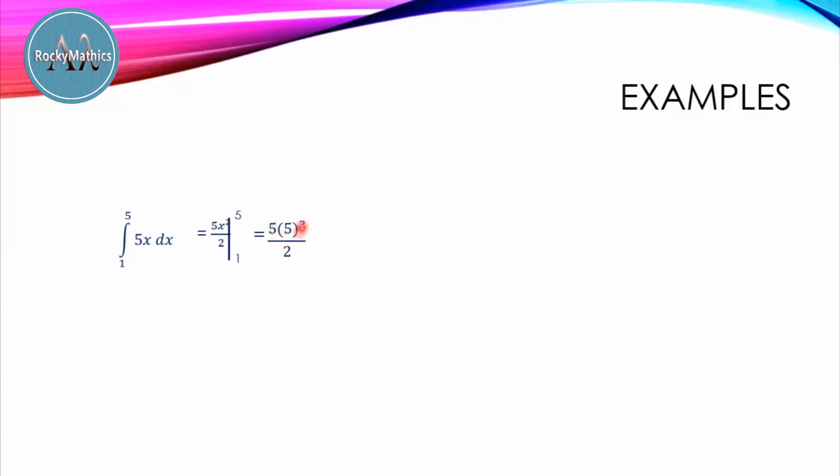So 5 times 5 squared over 2 minus 5 times 1 squared over 2. Then simplify. We have 125 over 2 minus 5 over 2, which is 120 over 2, which is equal to 60. And it is very clear that the answer of the definite integral is a real number. That's why it is called definite.